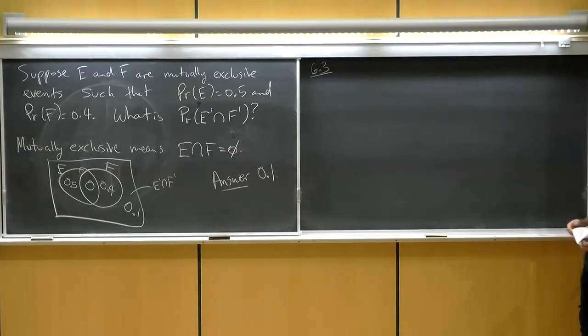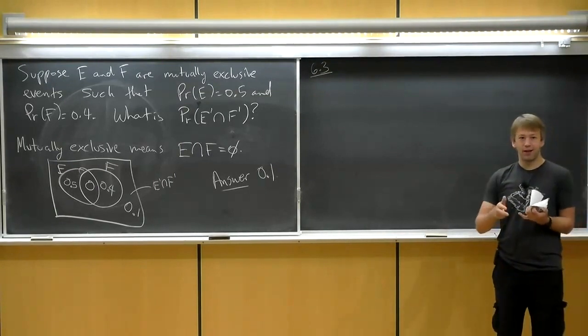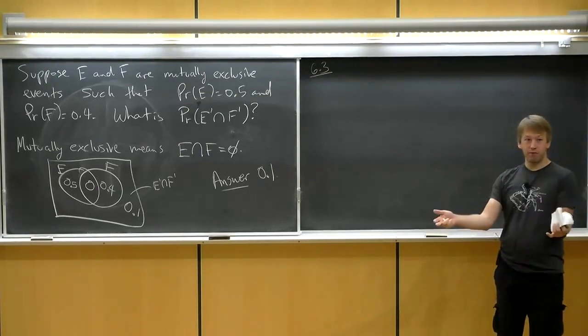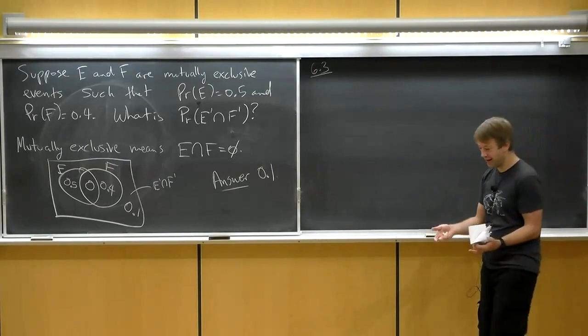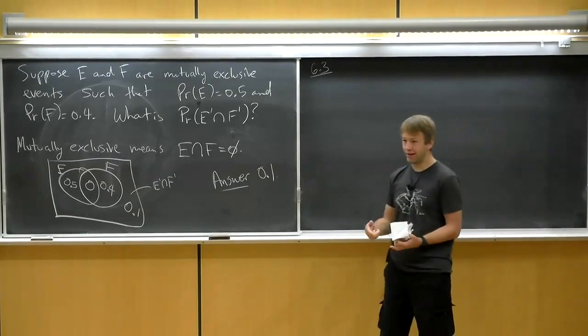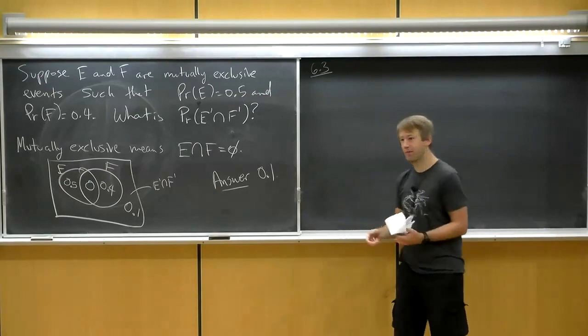So most of the probability problems we're going to look at are problems where you've got a bunch of different possible outcomes, and all of them are equally likely. So think about flipping a coin, right? Heads and tails are equally likely, or rolling a die, all the values are equally likely.